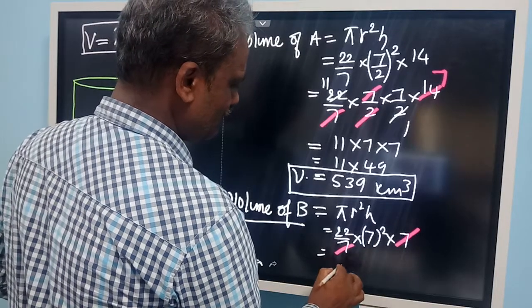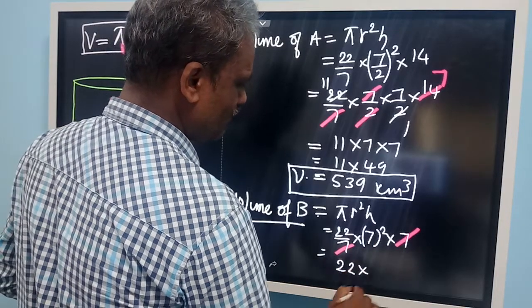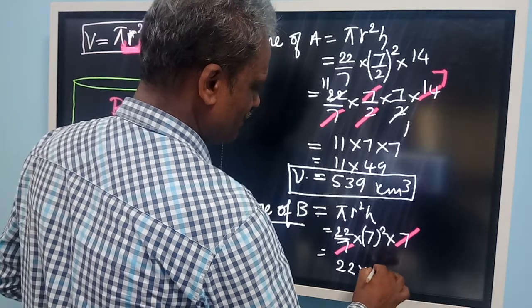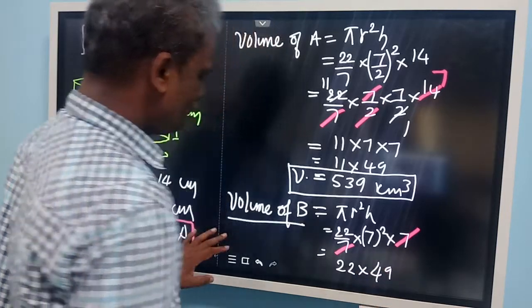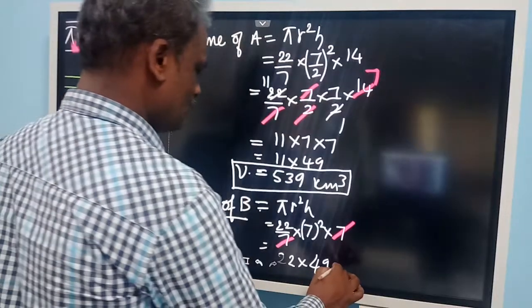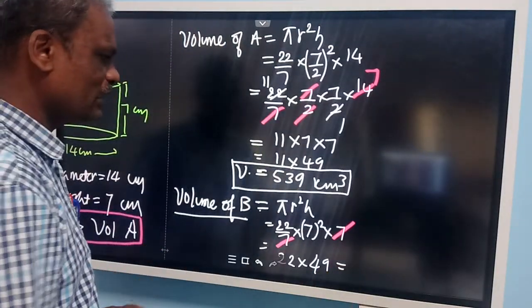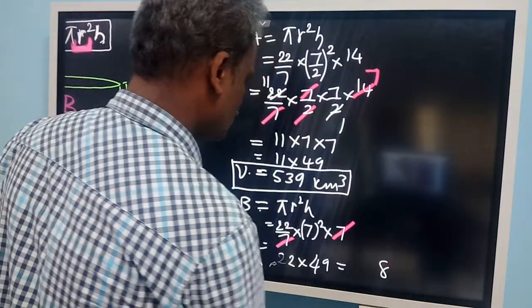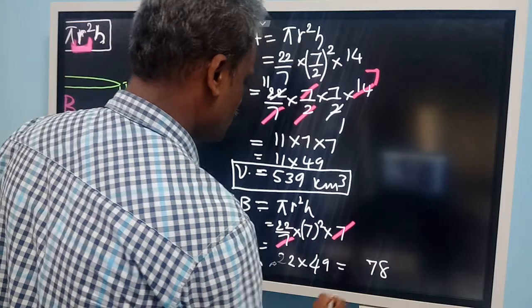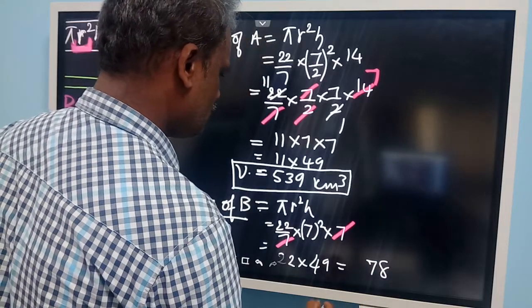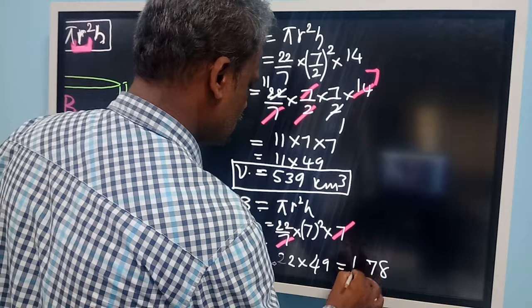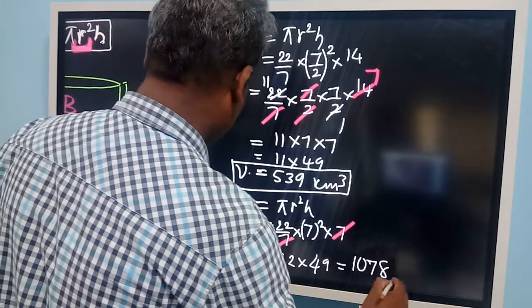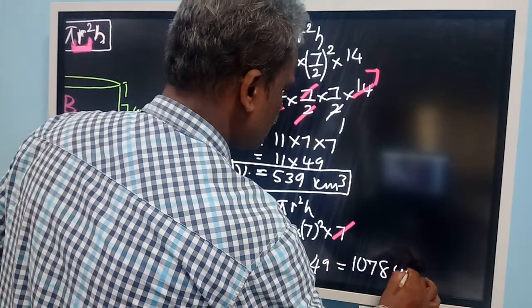So what are you getting? 22 into 7 into 7, 49. 22 into 49. So what is the answer you are getting? 1078 centimeter cube.